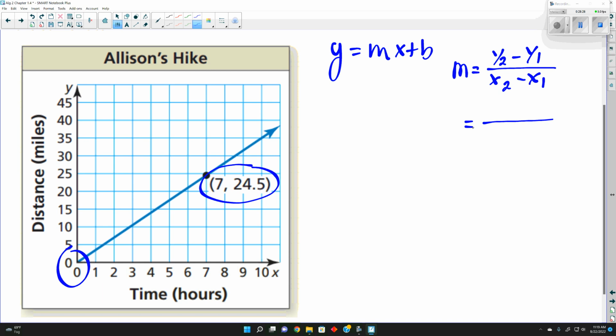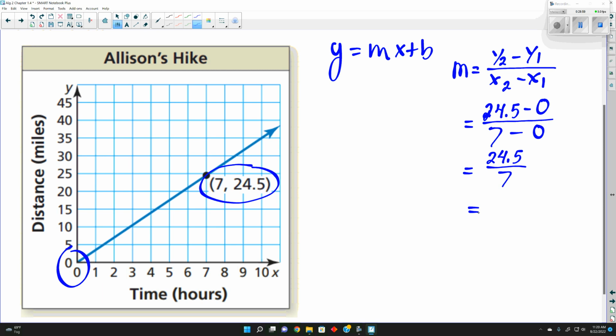Now for this, one of the points we're given has an x value of 7 and a y value of 24.5. The other point that we're given is 0, 0. So we'll plug in 0 for x1 and 0 for y1. So we'd have 24.5 over 7.